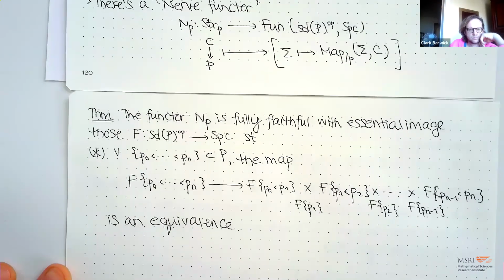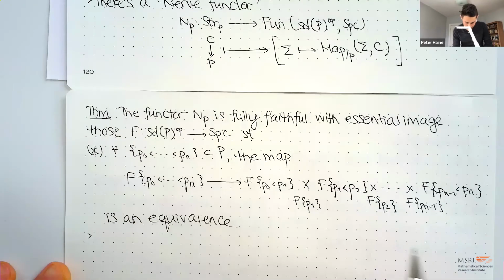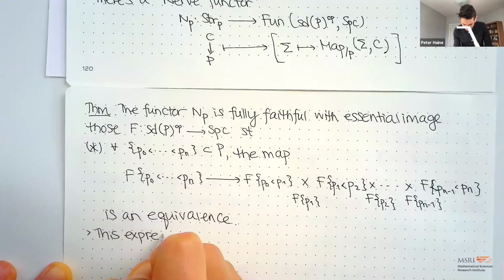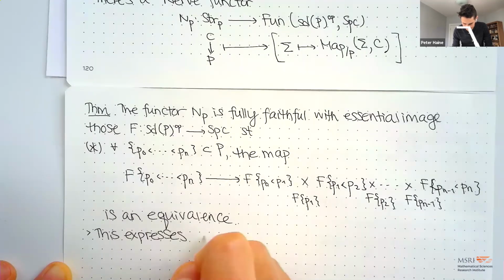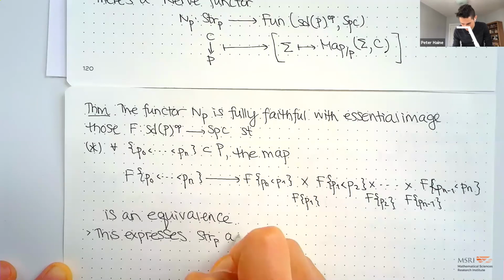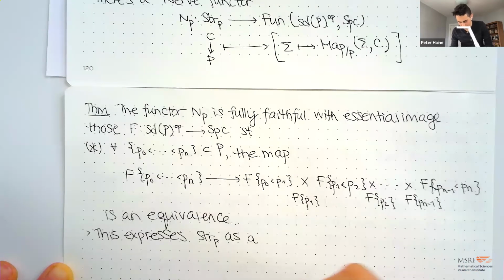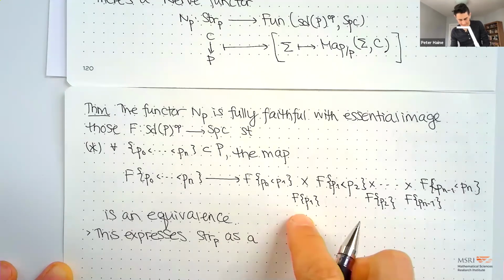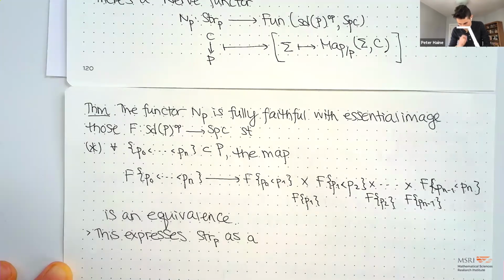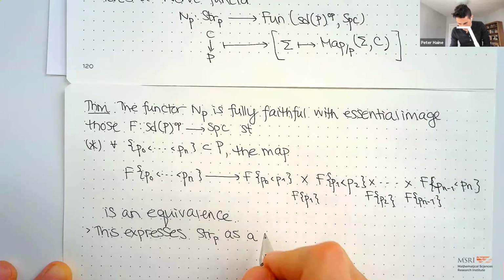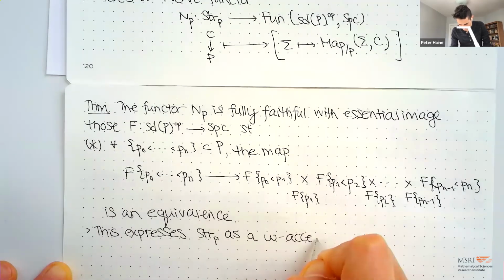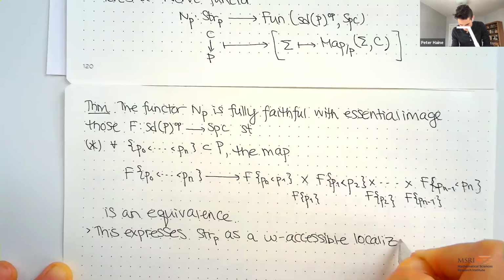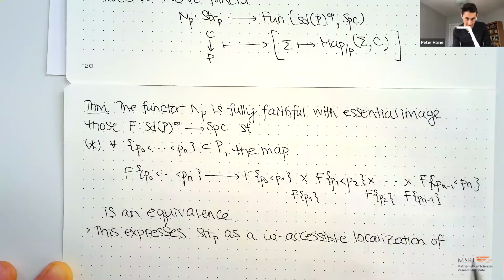And so this expresses stratified spaces over P as a localization, but the localization commutes with filtered colimits because finite limits commute with filtered colimits in the infinity category of spaces. So it's an omega-accessible localization of these presheaves.